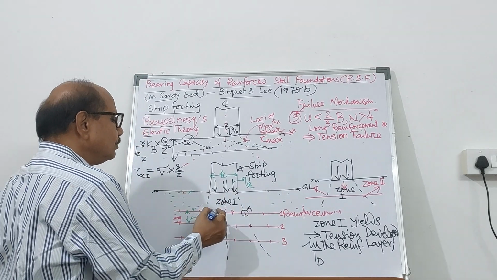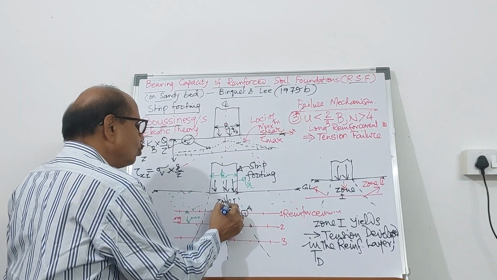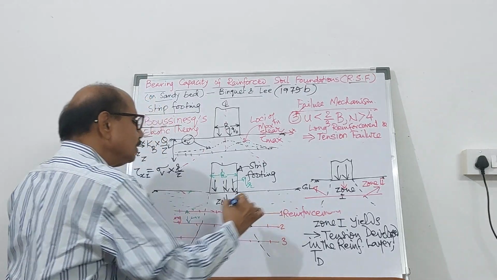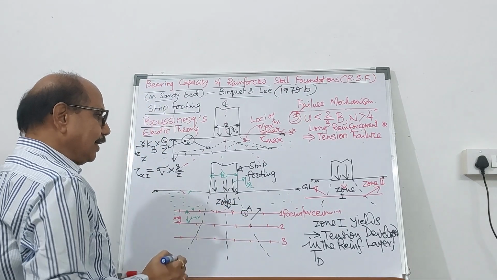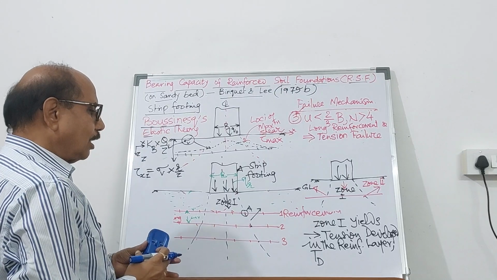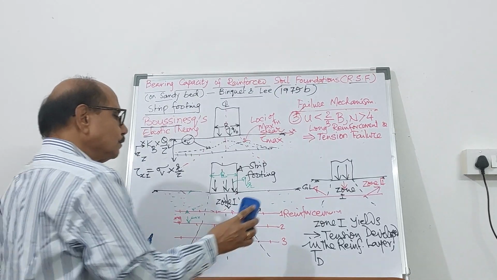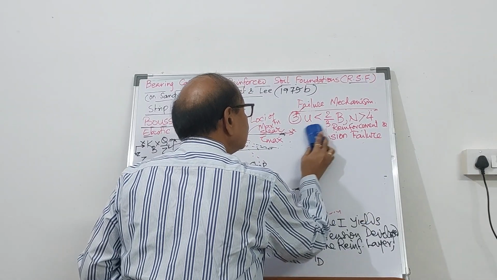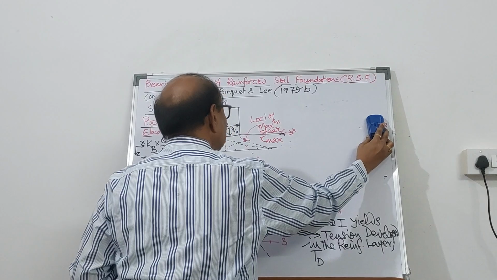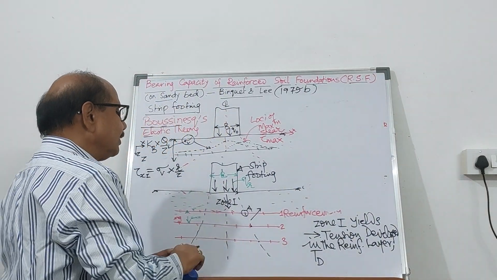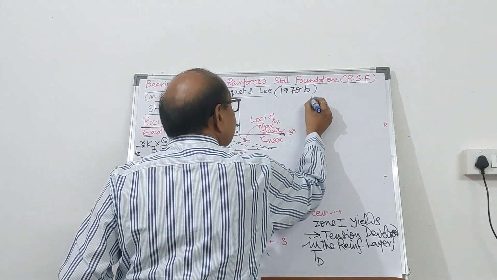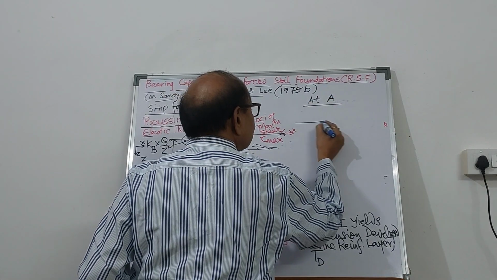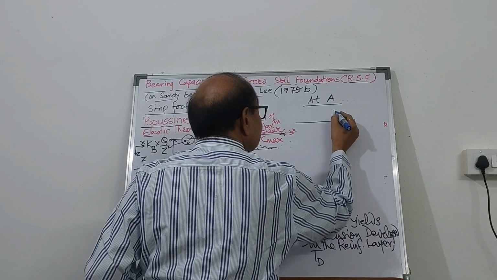How will it behave? Soil is moving downward, and here it is going in this direction. So at A, the reinforcement, this is geosynthetics, is going to bend like this.